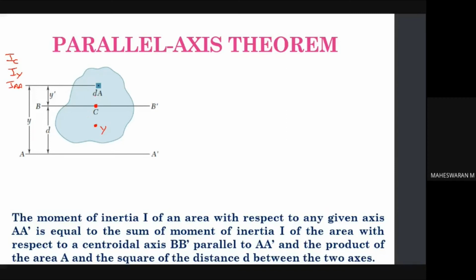Let me consider you have a dA strip. The distance from the dA strip to your AA dash, let me consider Y. I know the moment of inertia with respect to BB dash at the centroid, point C. I want the moment of inertia with respect to AA dash. So let me identify the distance.